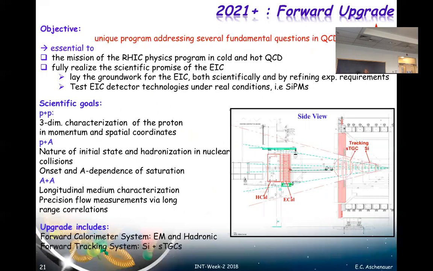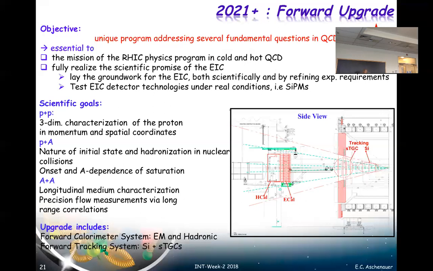So what is also very cool is that we are making quite some steps forward to have a forward upgrade in STAR. We want to cover the rapidity 2.4 to 4, and that means STAR will have full coverage, tracking and calorimetry, from -1 to 4, which is really nice.